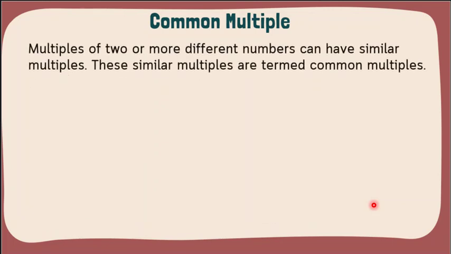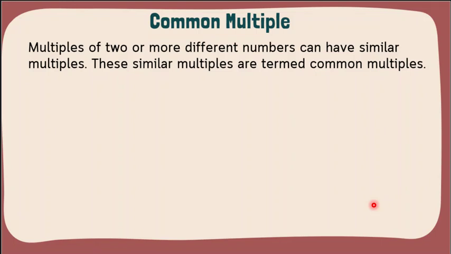Okay. A common thing to do is to find a common multiple. When you are given two or more set of numbers, you would likely be asked to find their common multiples. So when you write out their multiples, then you check out if there are multiples that exist between both numbers.